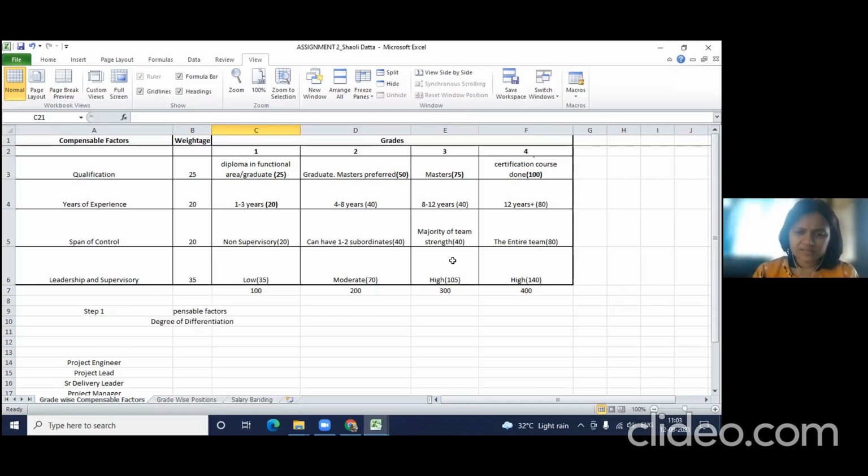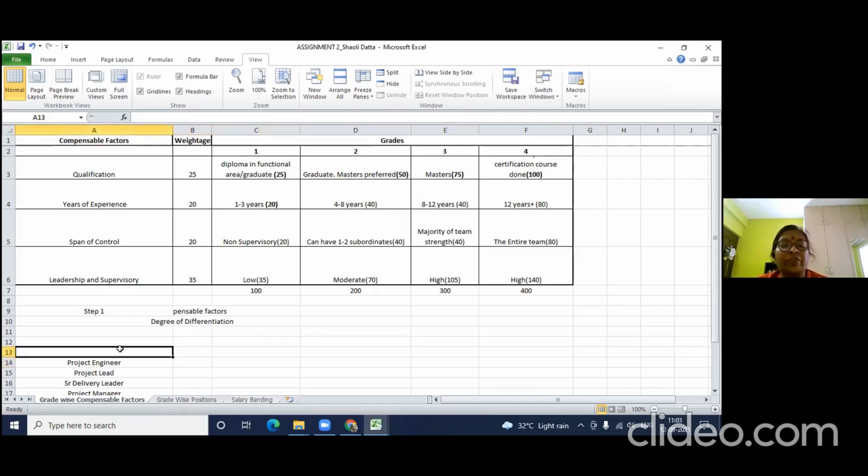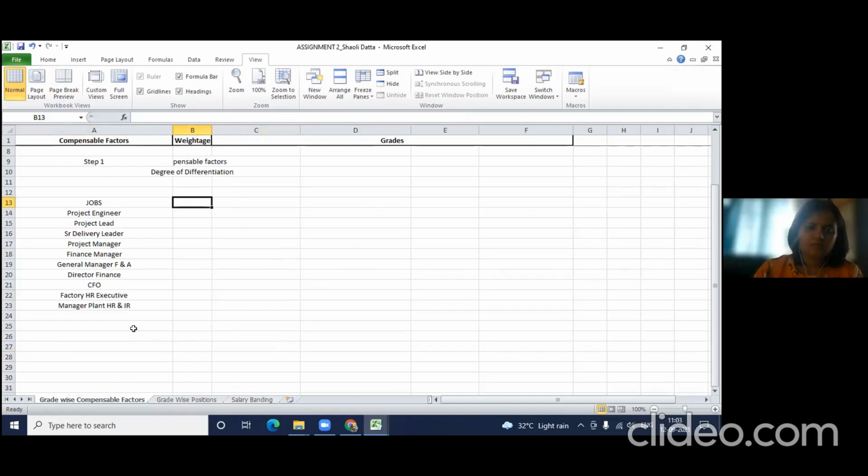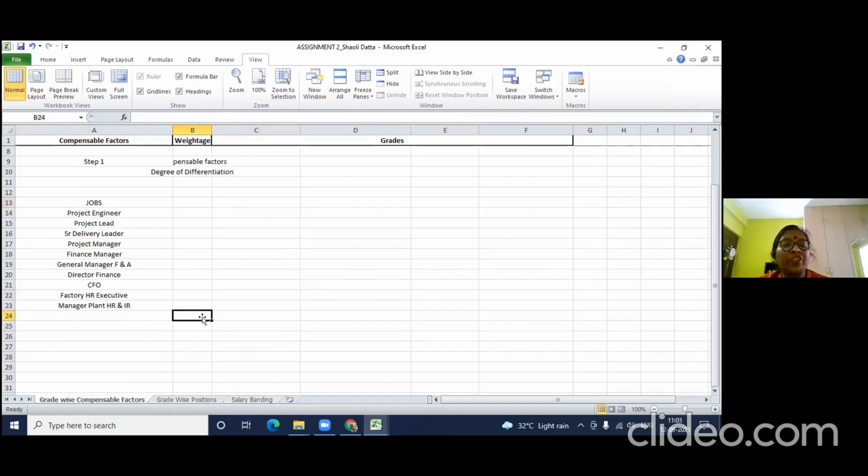A project engineer would typically be a graduate master's, 50 points. With an experience of 4 to 8, we will say 50 plus 40. So here, points. Just write there 50, project engineer.